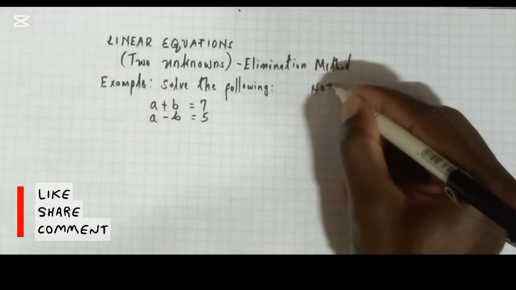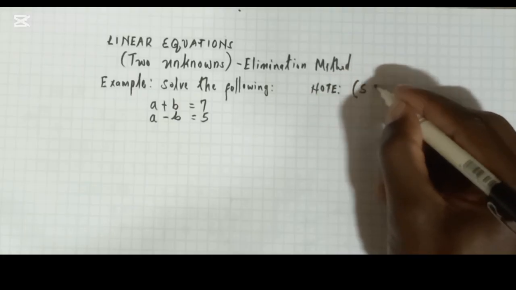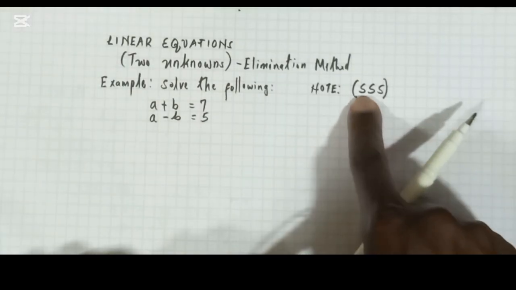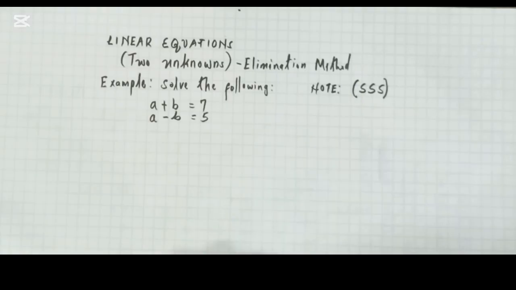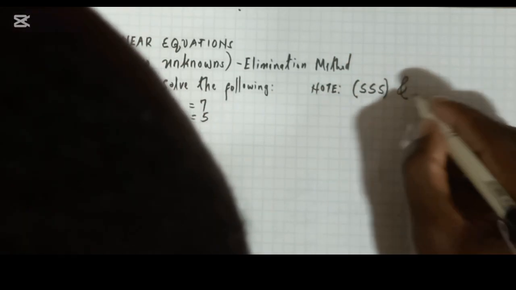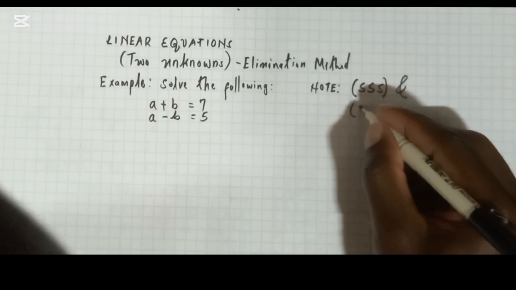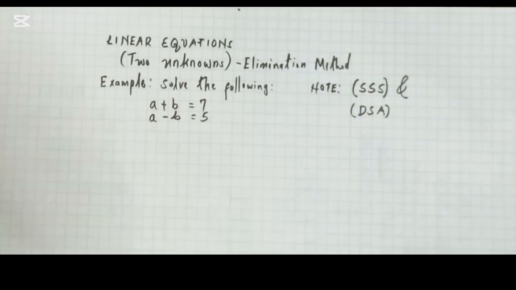I'm going to put it as a note here, in brackets as S, meaning same sign, subtract. The other rule is that if they are different signs, you add. Different signs, add, DSA.